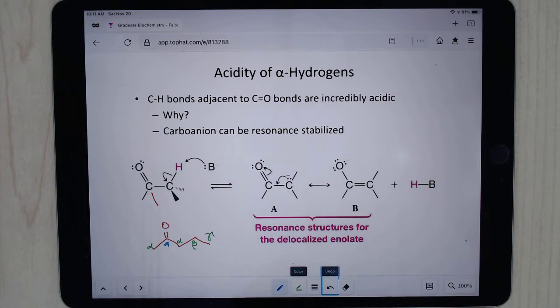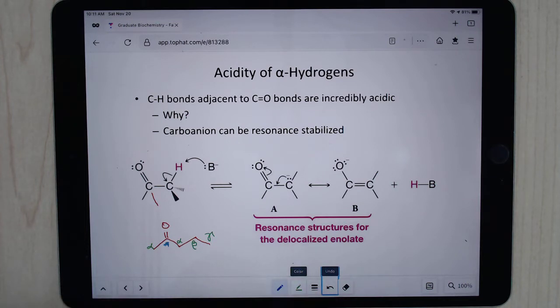Okay, glycolysis couldn't happen in our present form if you didn't move that C double bond O, because by making that adjacent carbon's CH bond acidic, then we can snap the sugar in half into 2 3-carbon pieces. Okay, and then we can take both of those to do the second half of the glycolytic pathway.